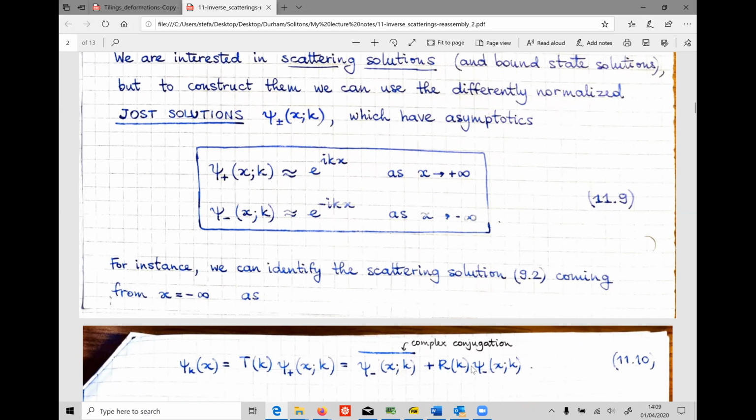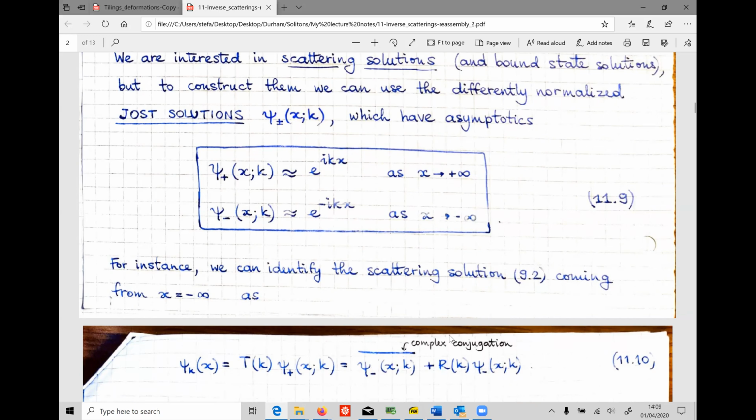Instead, the second equality essentially imposes the asymptotics at minus infinity. So we have two terms here. Only the negative Jost solution, psi minus, appears. The first term will asymptote, because of complex conjugation, exponential of ikx as x goes to minus infinity. Those are the incoming waves with unit flux.